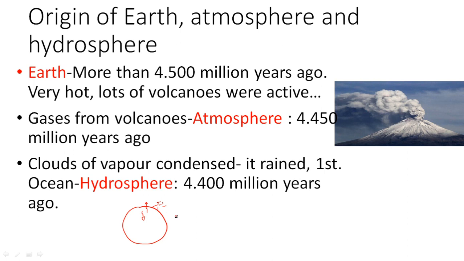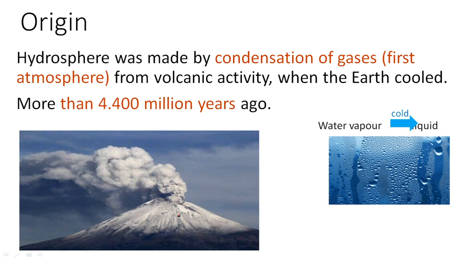With time, the temperature of the planet went down, and when the temperature went below 100 degrees Celsius, then we could find the first liquid water. Cuando la temperatura descendió por debajo de 100 grados centígrados, encontramos agua en estado líquido.